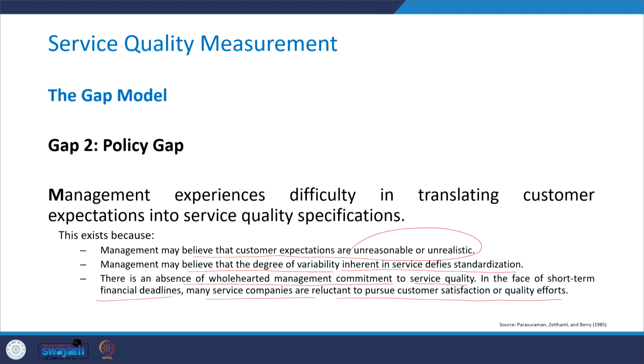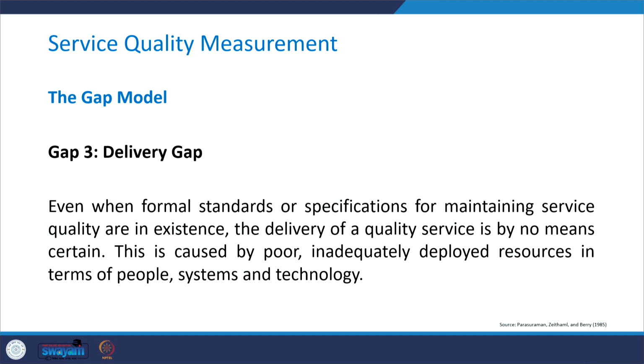So they know what is expected from their customers, but they fail to translate those things into the policy or delivery of those services. Then comes the delivery gap. Even when formal standards or specifications for maintaining service quality exist, the delivery of quality service is by no means certain.